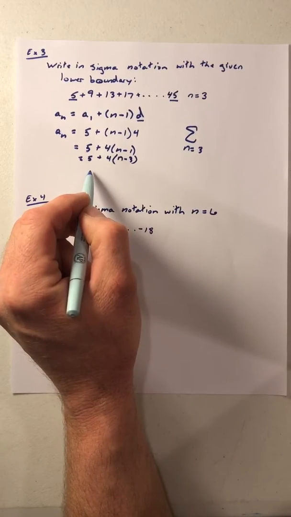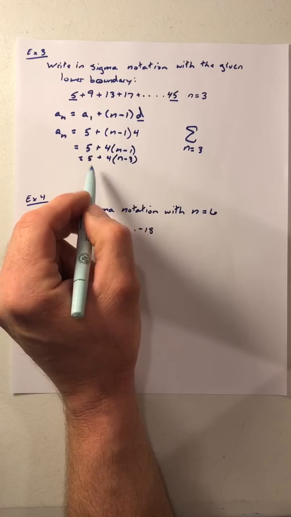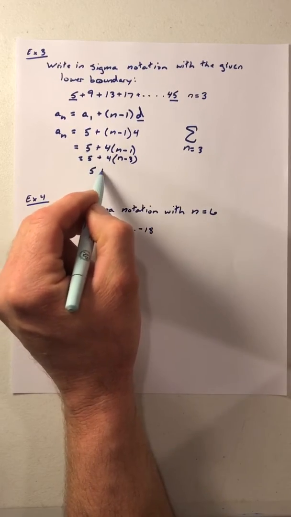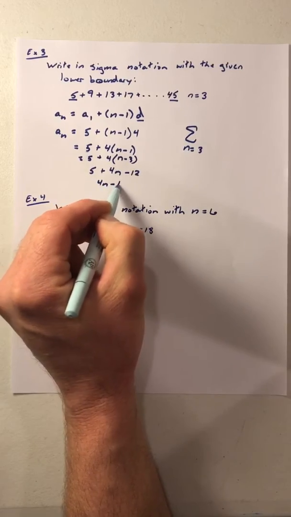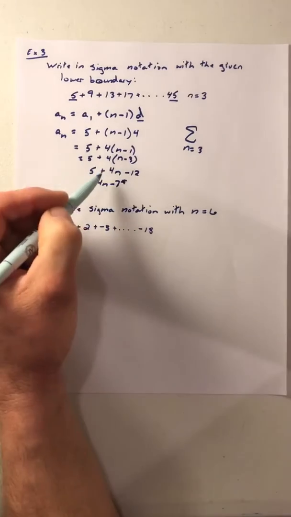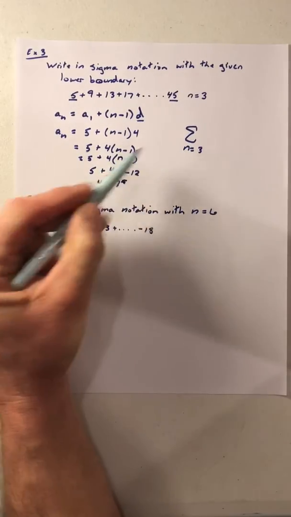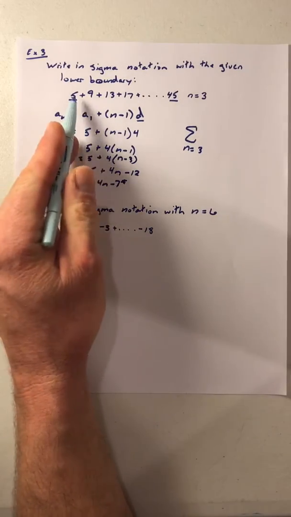So my equation is going to be 5 plus 4 times n minus 3. I can clean that up just slightly to 4n minus 12 plus 5, or 4n minus 7.